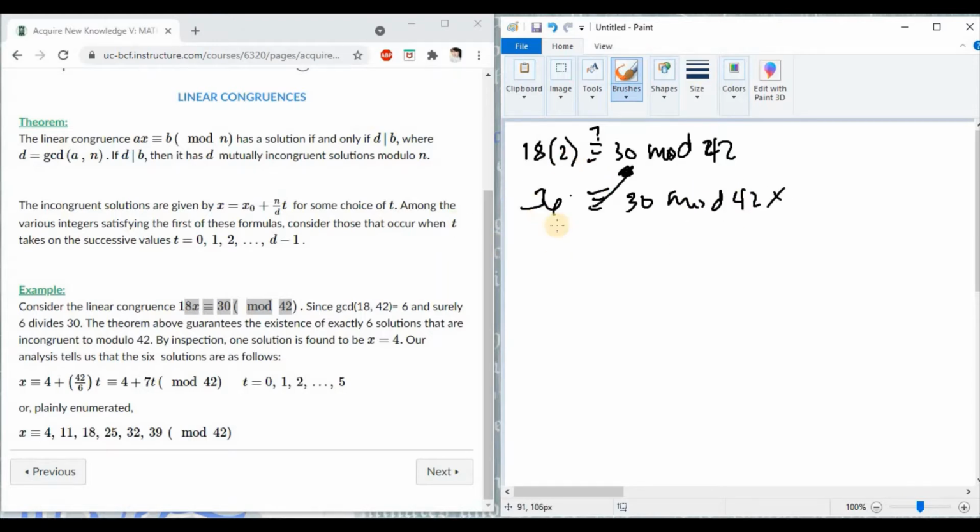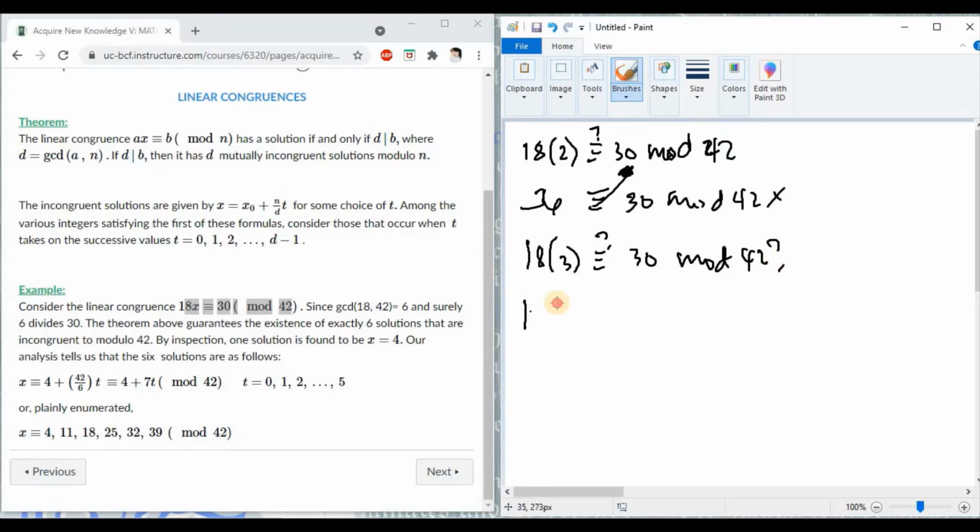False naman ito. Next mo, itry mo ang 18 times 3. Is it congruent to 30 mod 42? 18 times 3, we have 54. 54 minus 42 is 12. So, hindi pa rin siya yung hinahanap nating remainder, which is 30.